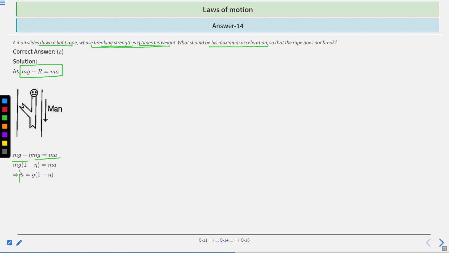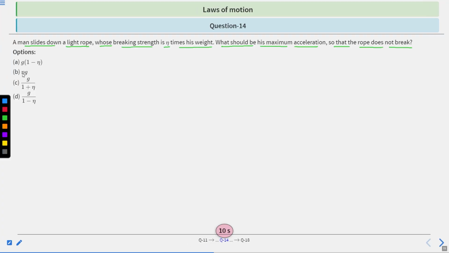Here, it is given that braking strength is eta times his weight. Clear? So acceleration is g(1 minus eta). So the correct answer is A, which is g(1 minus eta). Clear?